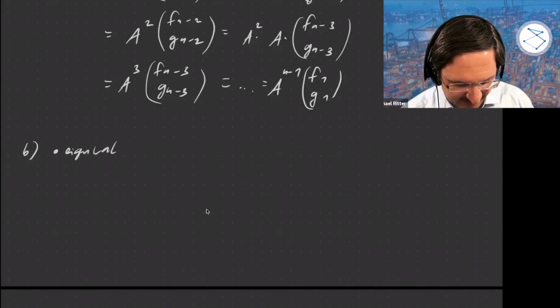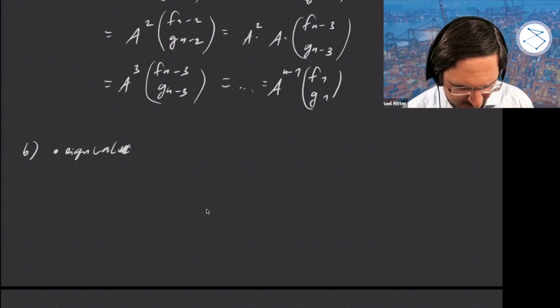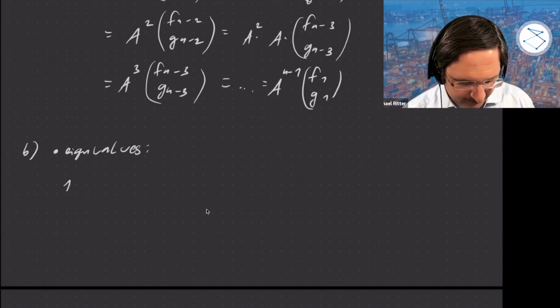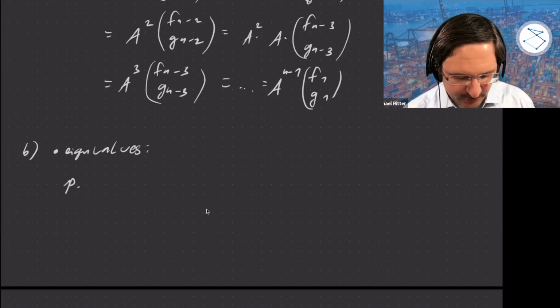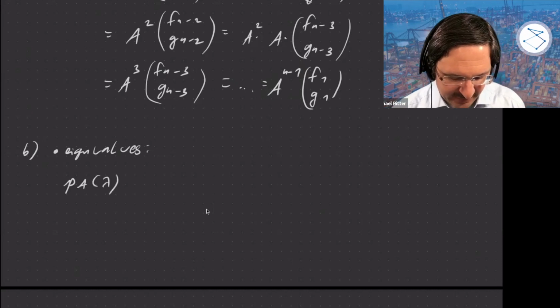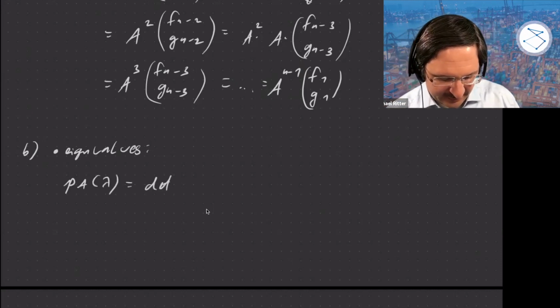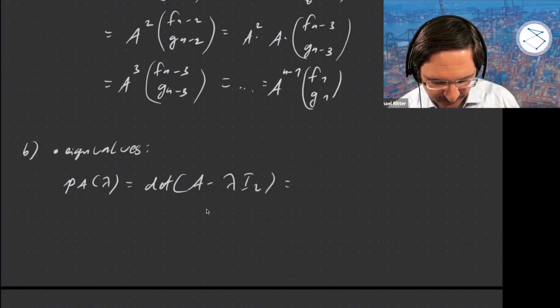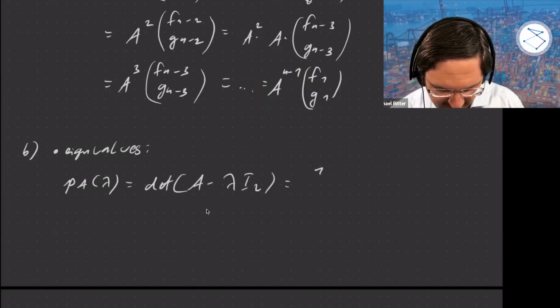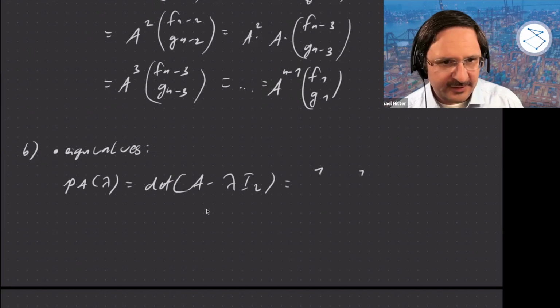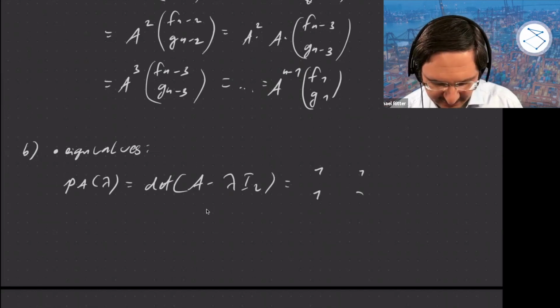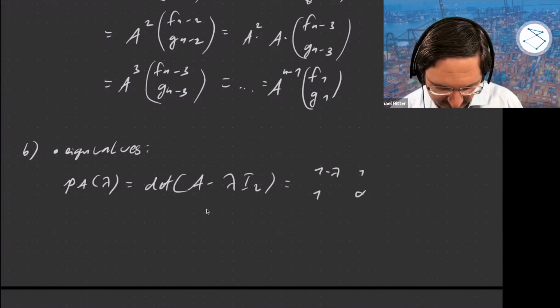Let's start with the eigenvalues. We want the characteristic polynomial of A, PA of lambda. That's the determinant of A minus lambda I2. So A is this matrix here, and we need to subtract lambda on the diagonal.